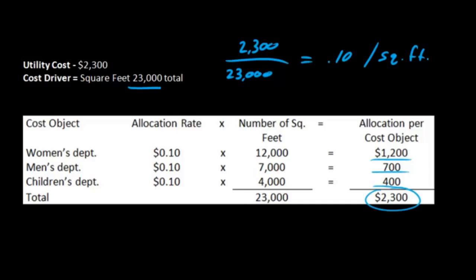So you can see that the total cost is $2,300 for utilities, and the total number of square feet is 23,000, but that's how this utility bill will be allocated based on square footage, assuming we use square footage as the cost driver.